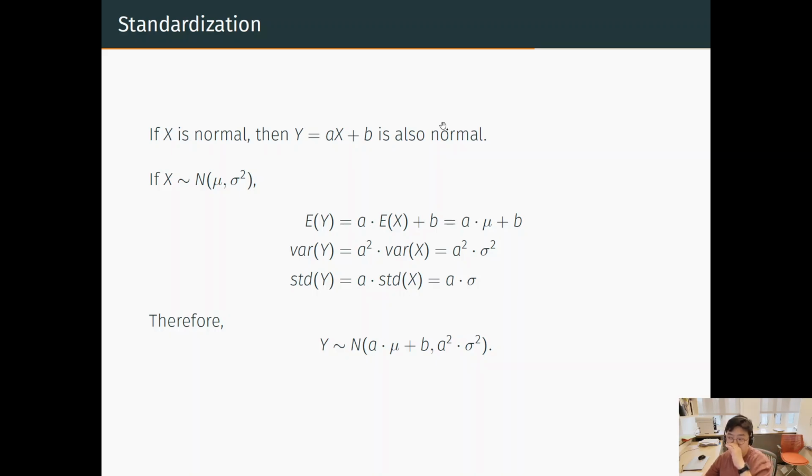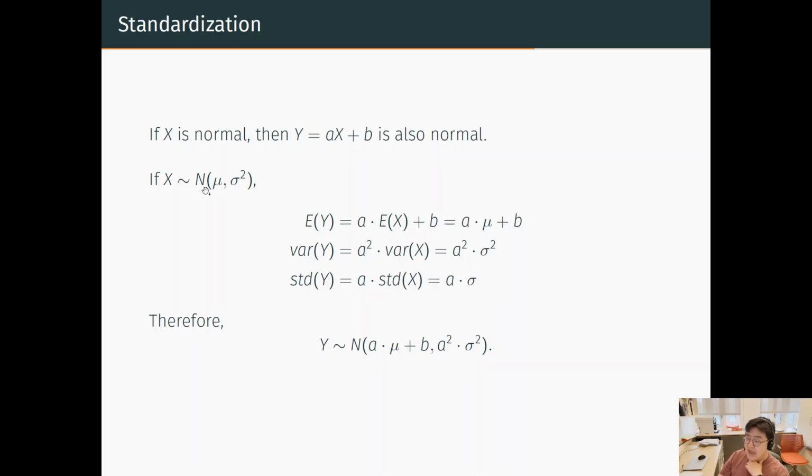I'm not going to prove it, but think about any other distributions. If you multiply something and add something, the shape of the distribution will be totally different. Binomial distribution does not satisfy this property. Most of the distributions do not satisfy this property, but normal distribution does.